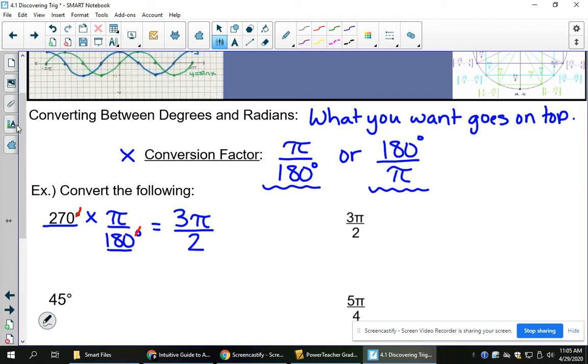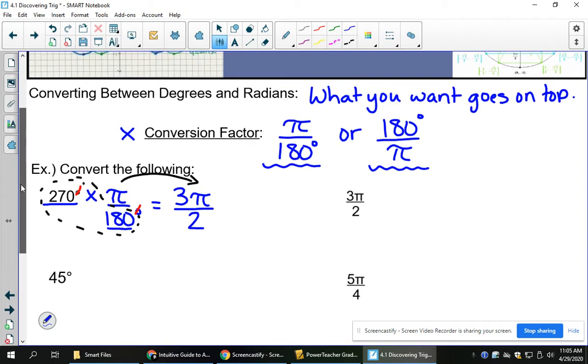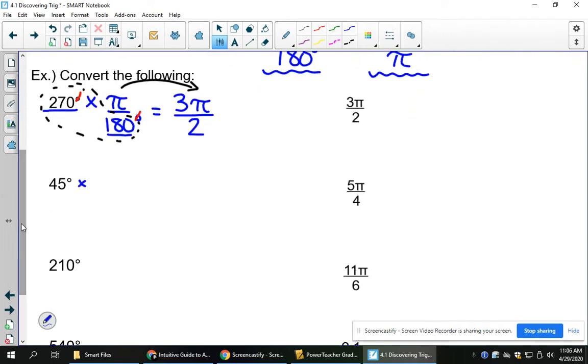Okay, so again, all I'm putting in my calculator are the numbers, and the pi just comes along in my answer on top. Let's try again. Starting in degrees, so for the degrees to cancel, 180 has to go on the bottom, pi has to go on the top.